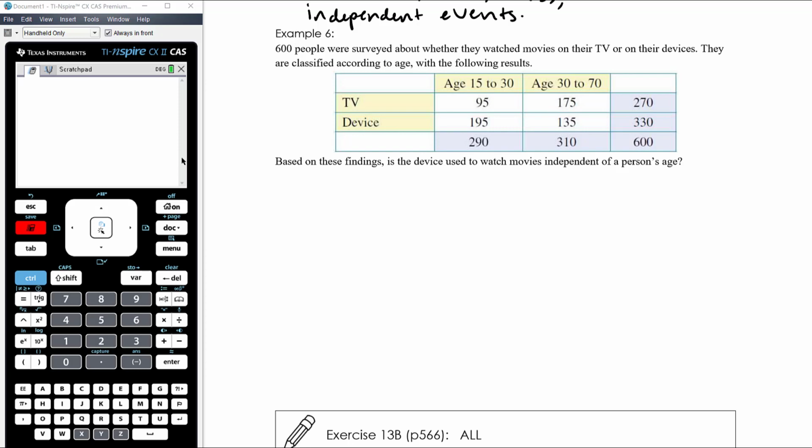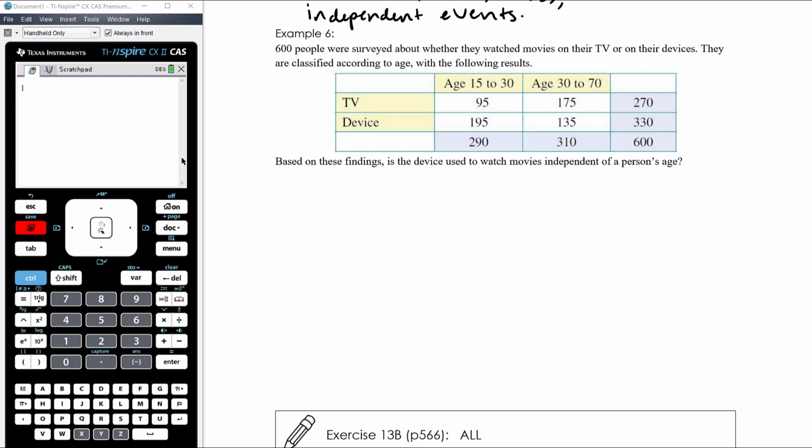Okay, so you don't need to use all the different numbers. You really just need to look at whether being young, in the 15 to 30 age bracket, and watching on your TV or on your device is an independent event or not.